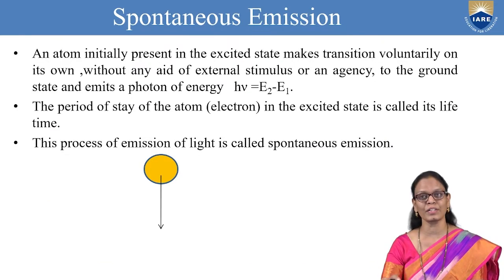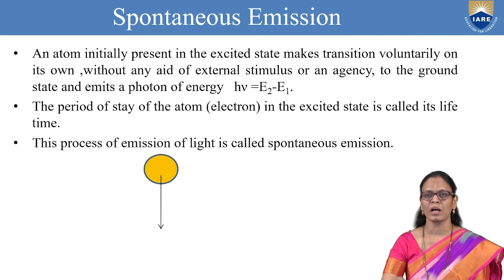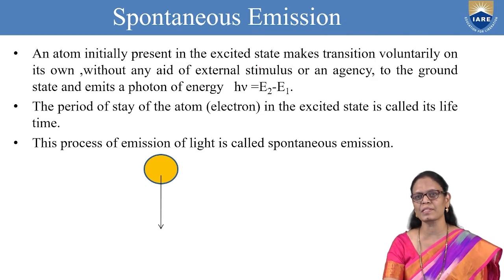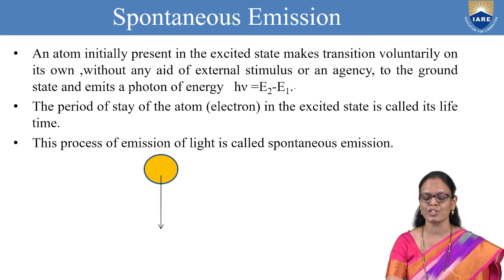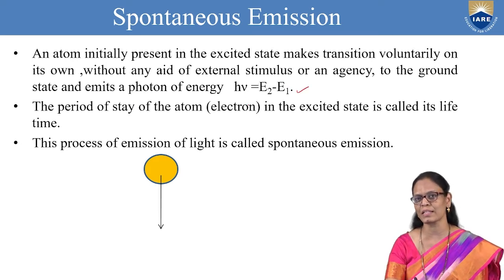Now coming to spontaneous emission. An atom which is initially present in the excited state makes a transition voluntarily, which means on its own, or we can say spontaneously, without the aid of an external stimulus or agency, to the ground state and emits a photon of energy h nu is equal to E2 minus E1.